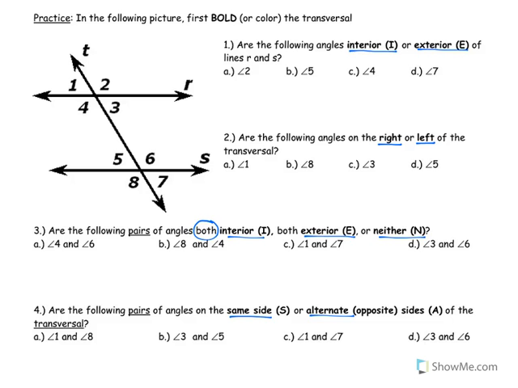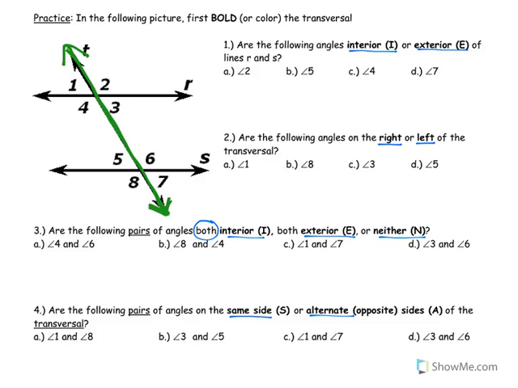Alright, so hopefully you have these 4 questions filled out. Notice the directions ask us to bold the transversal. Again, it's the line that's cutting through the other 2 lines. That's line T. Line T is going through R and S. The first question asks, are the following angles interior or exterior of line R?